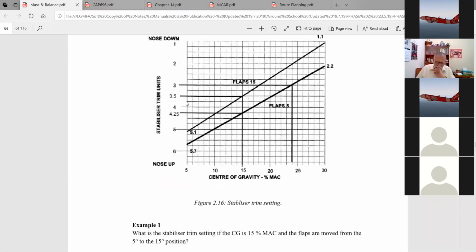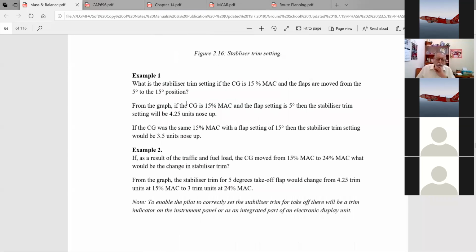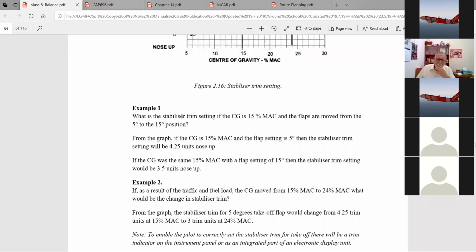Okay, so this is what you got to refer to. What is the table level? Stabilizer setting 15 degrees, if it is moving from 5 degrees to 15 degrees, what will it be?